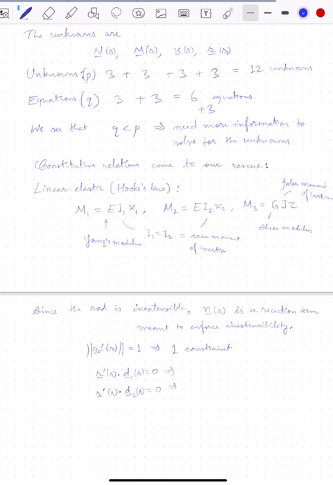So effectively, we have three constraints. This will add up as plus three equations, plus three constraints, along with the constitutive relations. So effectively, we have 12 equations for 12 unknowns.